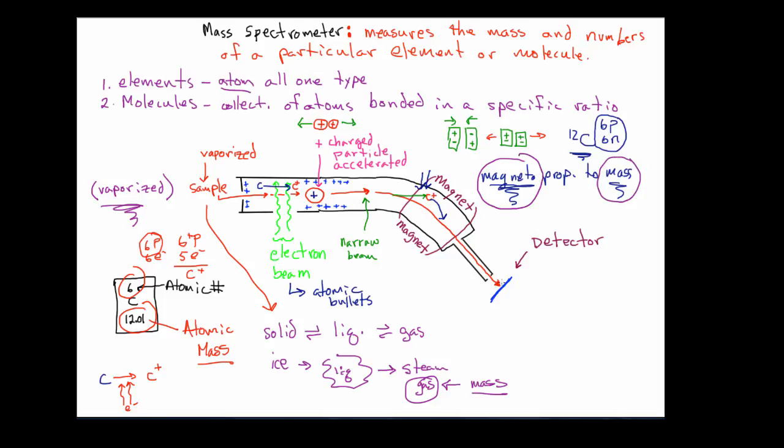And then that leaves us with the detector, and the second part of this, which is counting the particles. So how does this work? On this end of it, we have these positively charged particles that are hitting a plate. When they hit the plate, the particle is going to be neutralized by donating electrons to it.